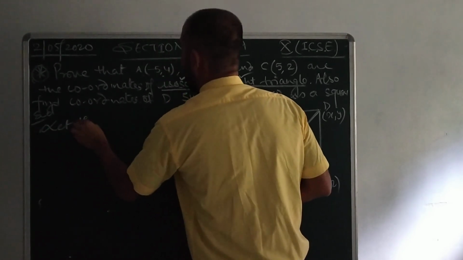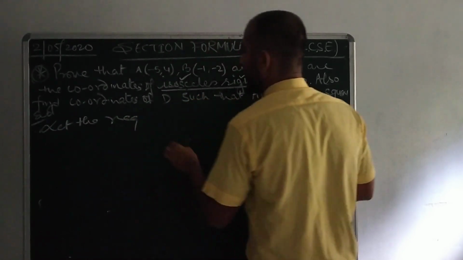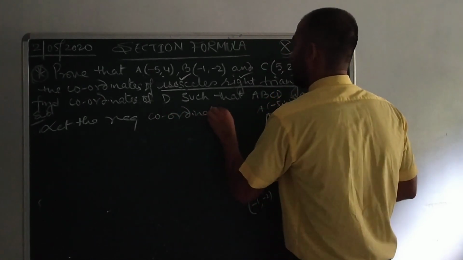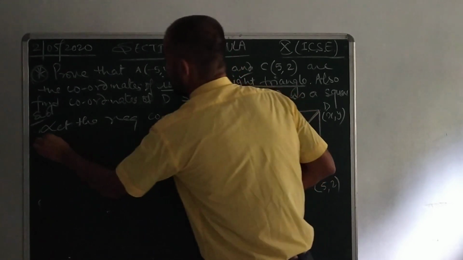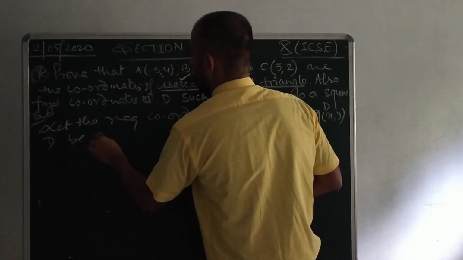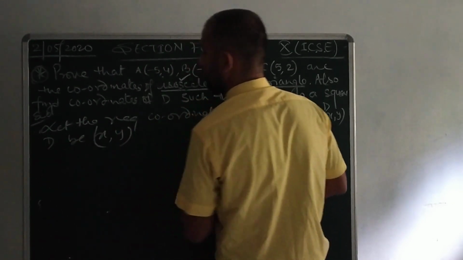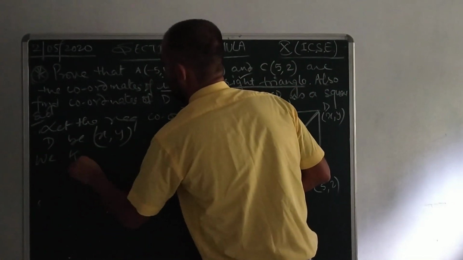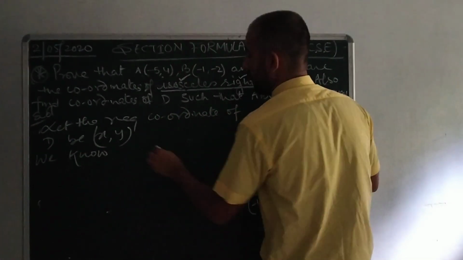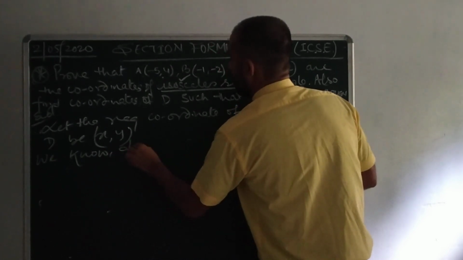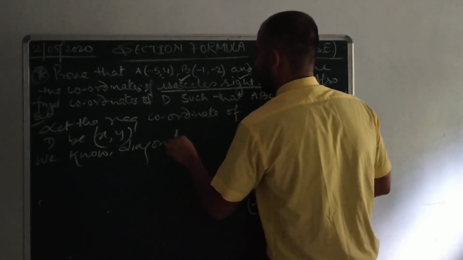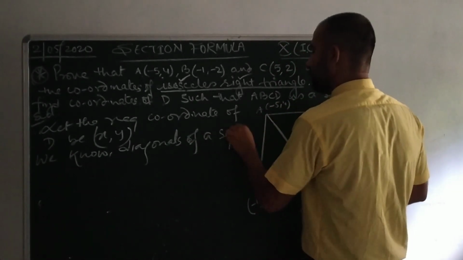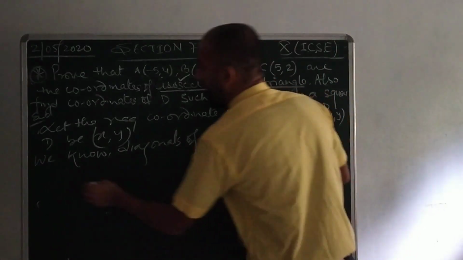Let the required coordinate of D be X and Y. We know the diagonals of a square bisect each other.